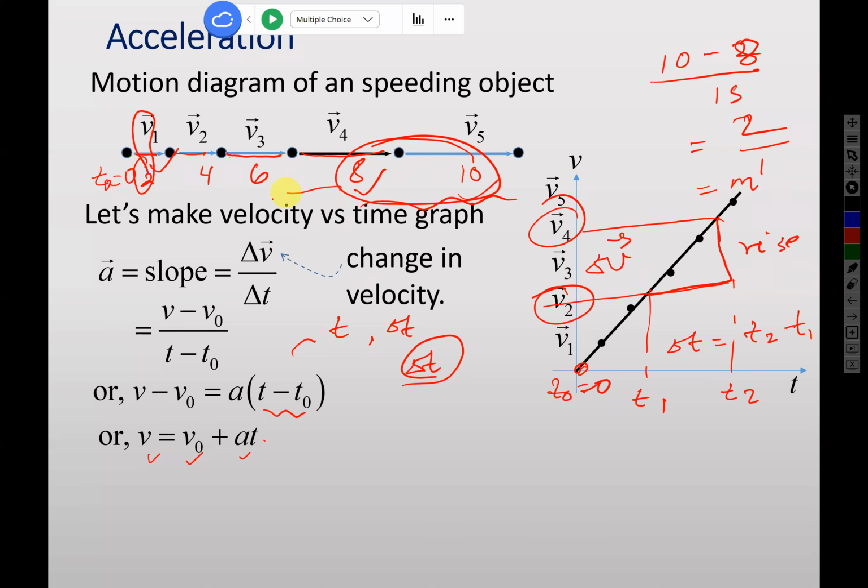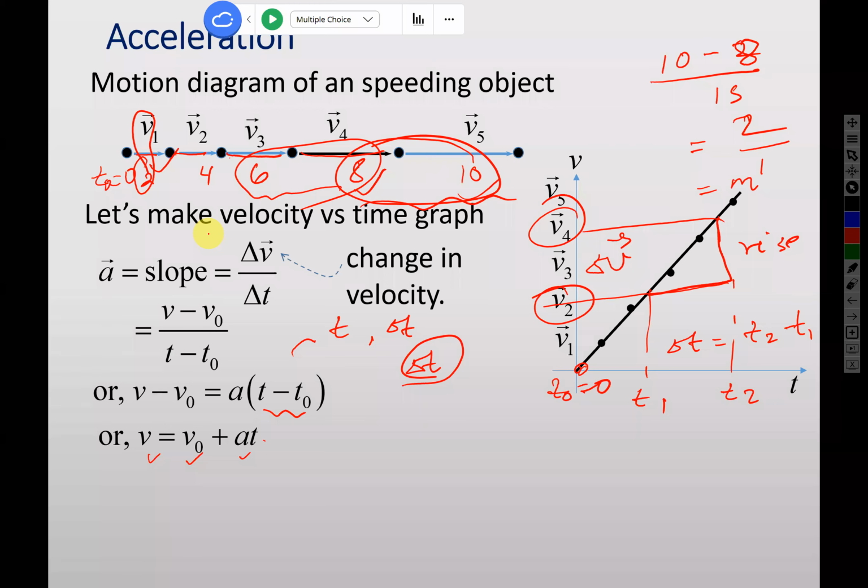If I look at these two numbers, what do I find? Same thing, 8 minus 6 is 2, 2 divided by 1 is 2. So that's what constant acceleration means. Speed is increasing at constant rate every second. That's what constant acceleration means, okay? Constant acceleration does not mean constant velocity. Velocity is changing. Velocity could be increasing or could be decreasing.